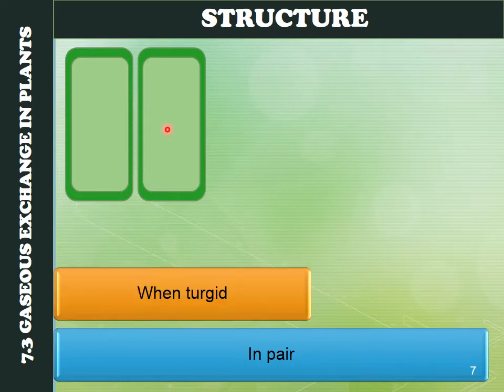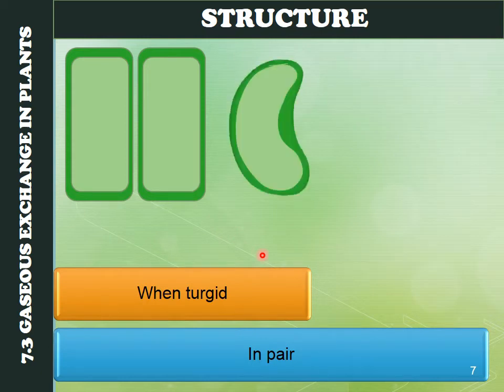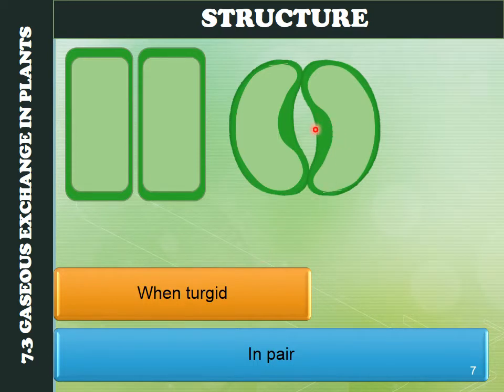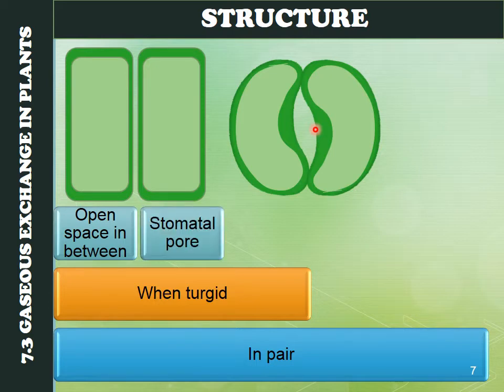But by the guard cell having a kidney shape, when it is turgid, that is full of water, and arranged as a pair, you find that there is an open space in between the cells, which we call the stomatal pore, and in this position we consider the stomata as open.